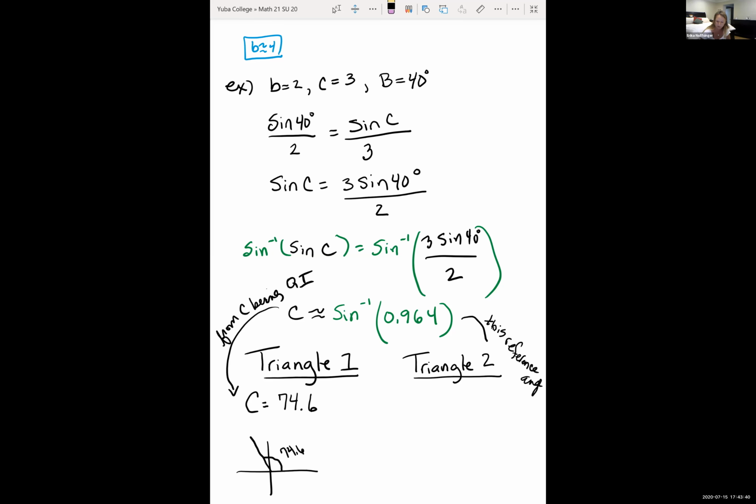So like we were doing before, we would take our 180 and subtract it, because it's always formed with the x-axis. And so 180 minus this gives me about 105.4. So angle C could also be 105.4 degrees.